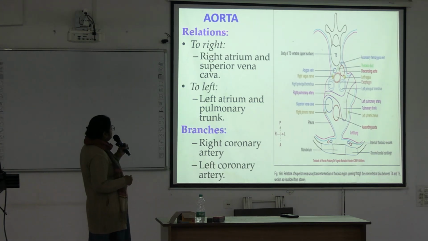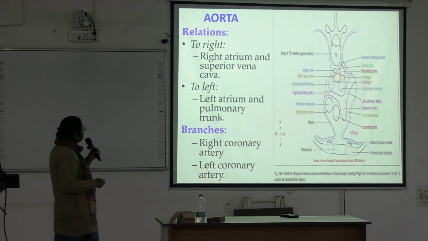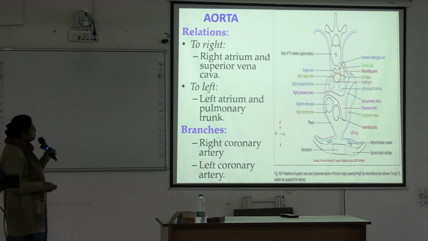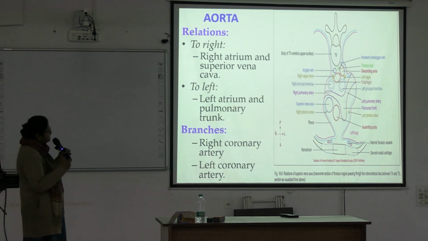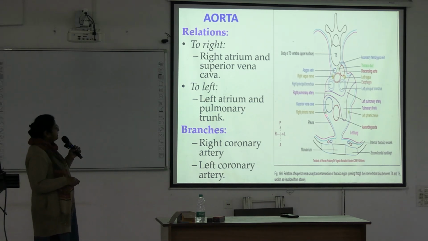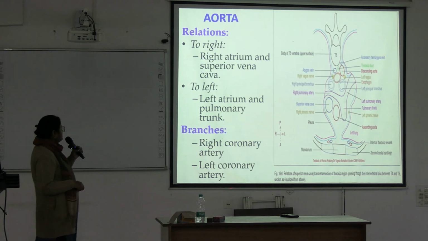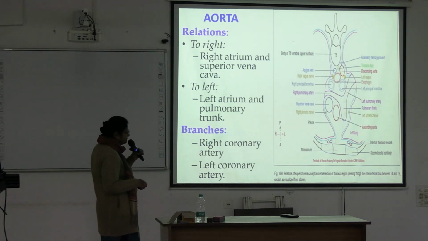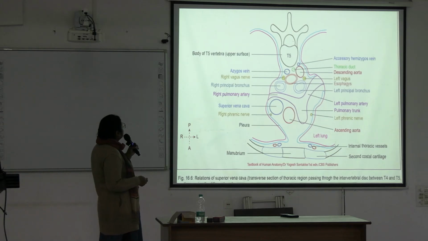To the right side there is the right atrium and superior vena cava, which you will see in a vertical section. On the left side are the left atrium and the pulmonary trunk. The pulmonary trunk is visible here. And the branches are the right coronary artery and left coronary artery.